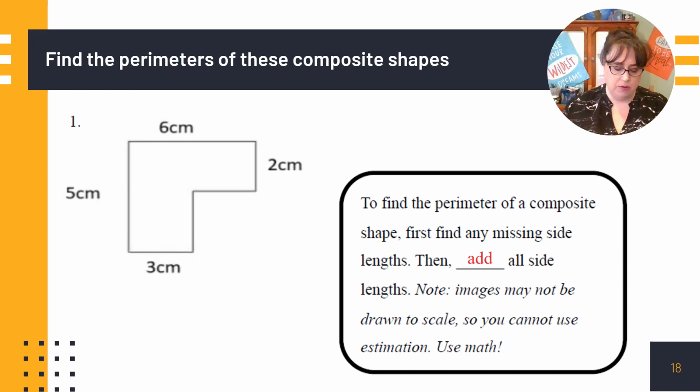So right off, you can see that we don't have a value for this side right here or this side right here. So we're going to use some math to find that. The very first thing that we want to do is take our 6 line right there and drag it down. So we know that that's 6.